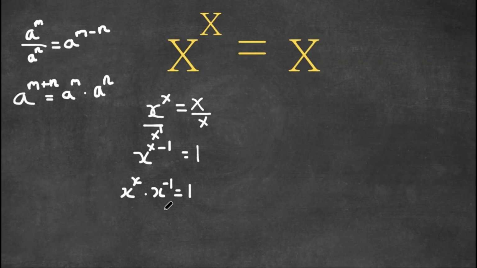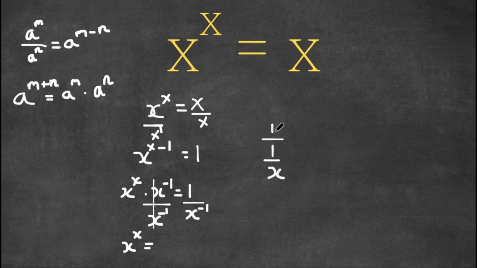So now, if I divide both sides by x to the power of negative 1, these two would cancel out, so I would get x to the power of x is equal to 1 over x to the power of negative 1. 1 over x to the power of negative 1 is the same thing as 1 over 1 over x to the power of 1, so this would be x. 1 over x to the power of negative 1 is simply just x.